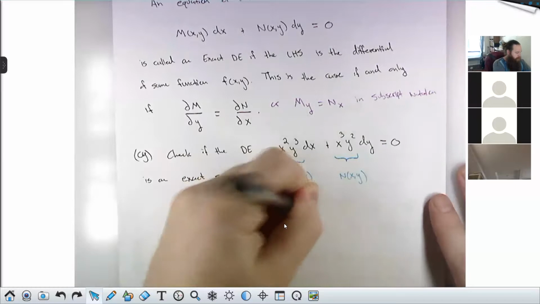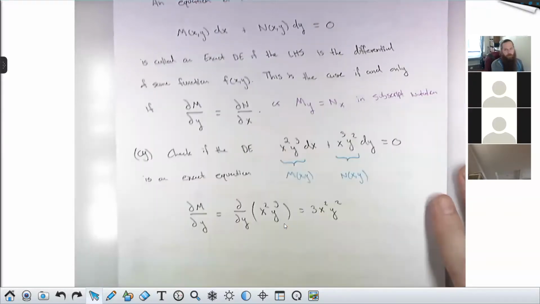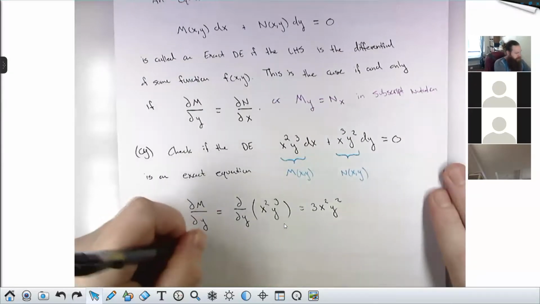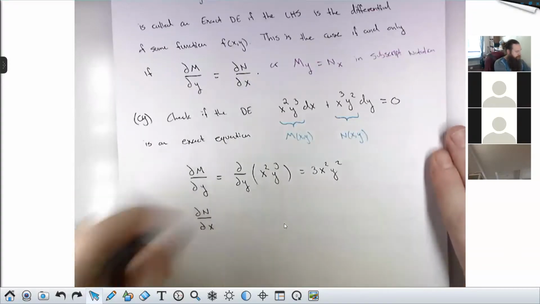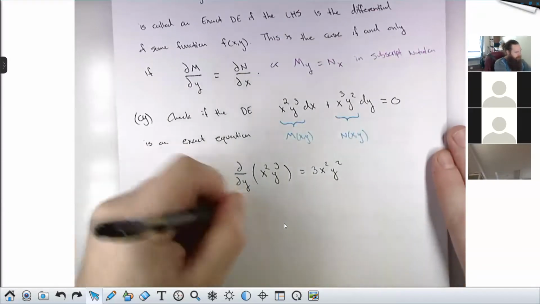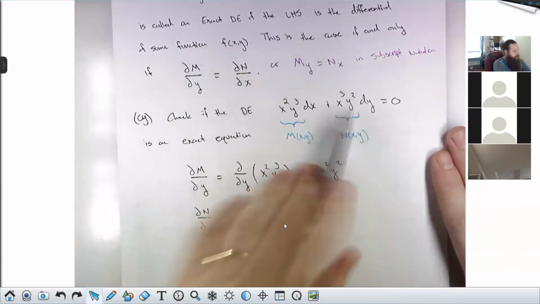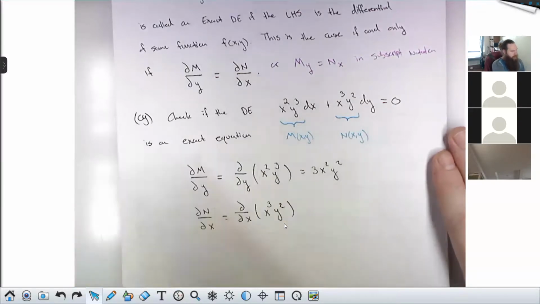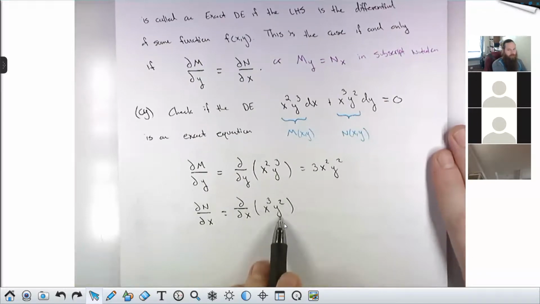So this would be 3x squared y squared, writing the 3 out front. I want dn dx. That comes from applying the curly d dx operator to x cubed y squared. And again, treating y squared as a constant, it's just a constant multiple. We're really only differentiating this piece.